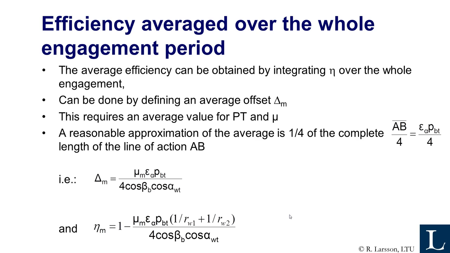Remember now that efficiency is varying over the whole engagement period, and if you want to have some more average number, first of all you can compute the efficiency at all points along the line of action, but you may also want to have a more average total number, and you can do that by defining some average values of the different parameters, such as an average offset and average values of the coordinate where you study the most representative coordinate along the line of action and the friction coefficient.